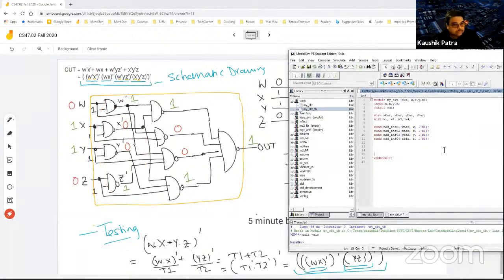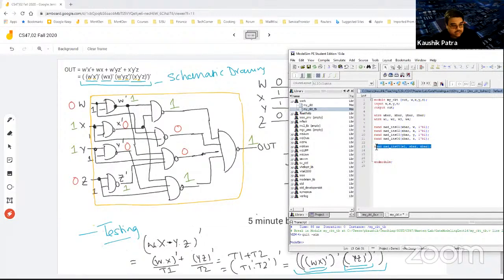Then I need to have the other 4 NANDs. Let's call them 5, and let's say it is W1, which is the NAND between W bar and X bar, right? I'm just looking at the schematic and trying to make that connection.